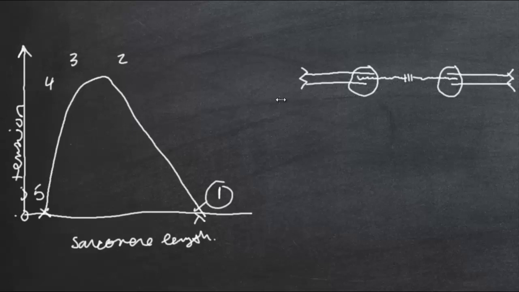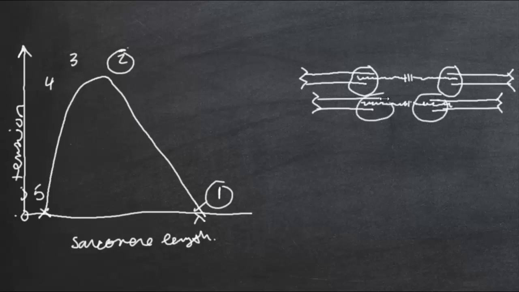The next thing I want to draw is position number 2. Let's draw what that one is going to look like. That was actin, let's draw myosin here. Now we're drawing actin again. This sarcomere is going to be a little more shortened, and so you're going to see more overlap here.